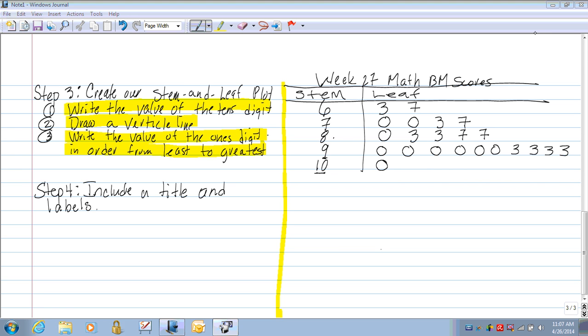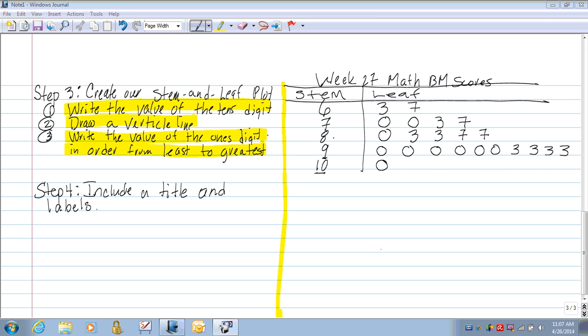Push pause. Okay, now that we were able to create a stem and leaf plot from our benchmark scores, let's use this. How can we use it? Well, let's look at some questions we might be able to answer, or what conclusions we can draw from this stem and leaf plot.